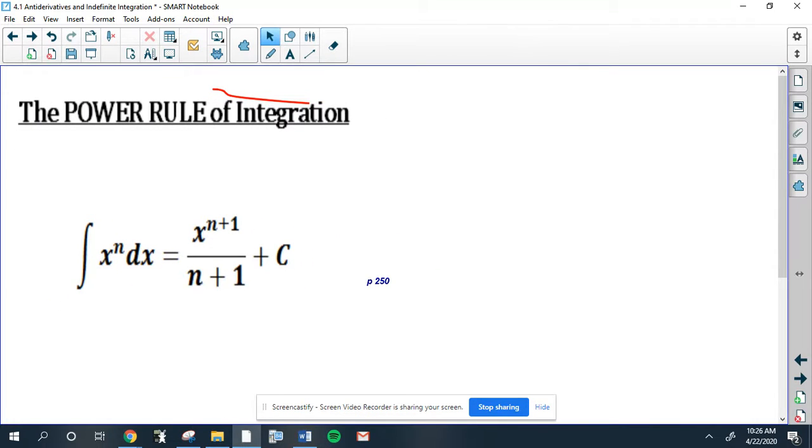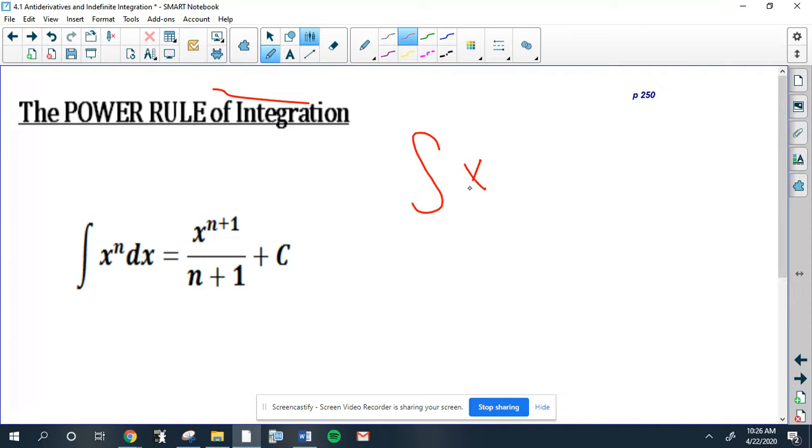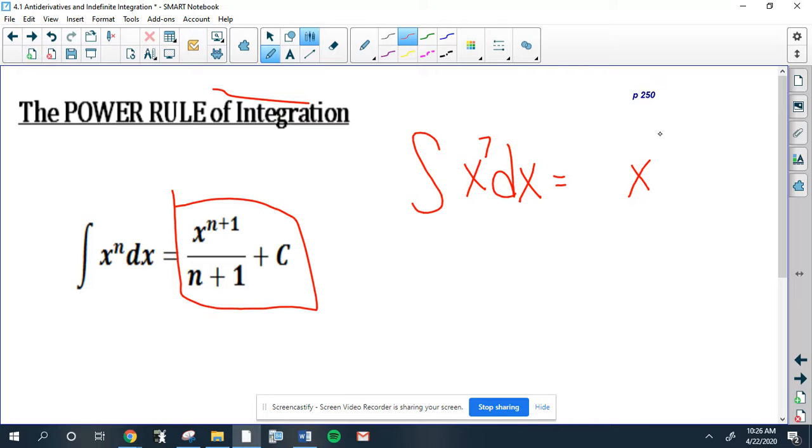If I wanted to determine the antiderivative, or the integral, of x to the 7th with respect to x, what this power rule tells me to do is first add one to the exponent and then divide by that number I just got.